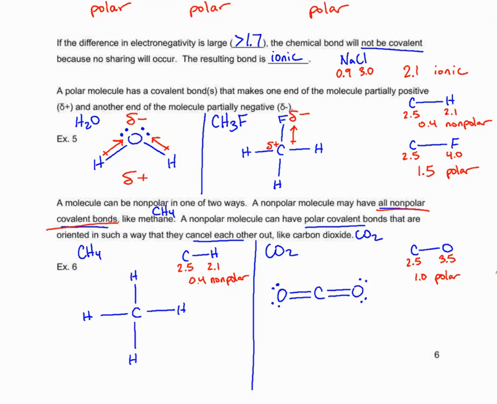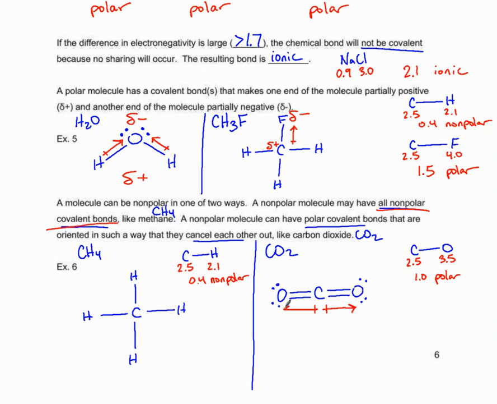And so what we have is this carbon would be the slightly positive region. So here is the little positive and then the arrow pointing towards the more electronegative element. But then we have the same bond going in the other direction. Here's the positive.